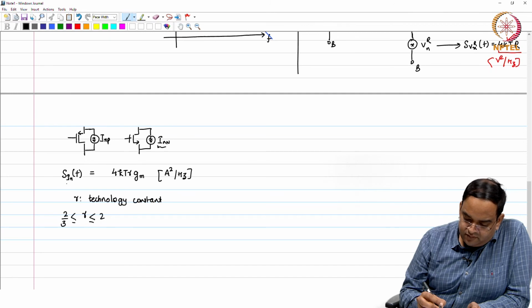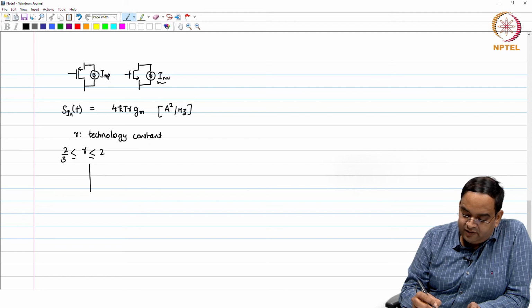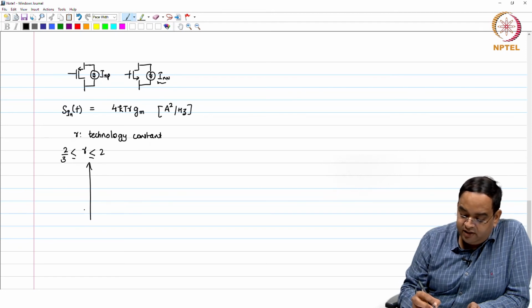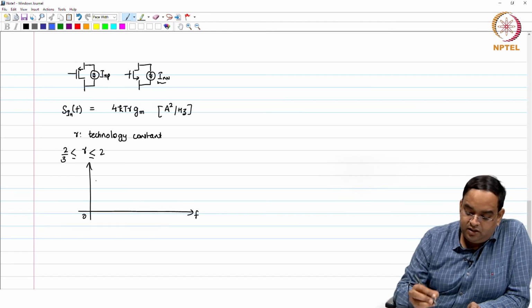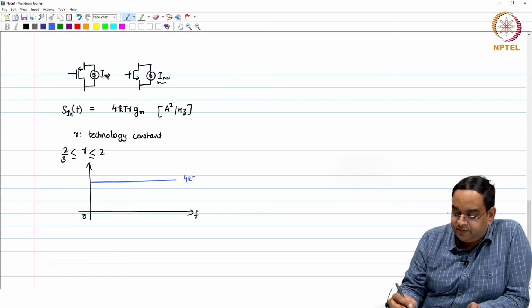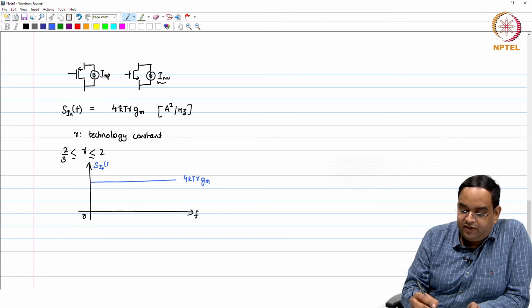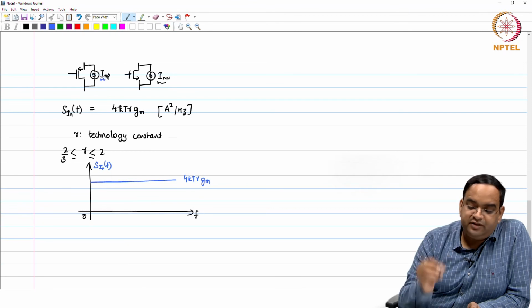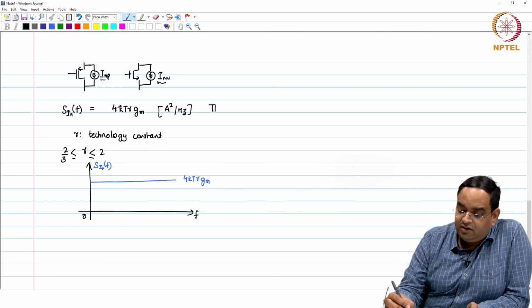So, the one-sided power spectral density of the noise current in frequency is 4kT gamma gm. This is the thermal noise of the transistor.